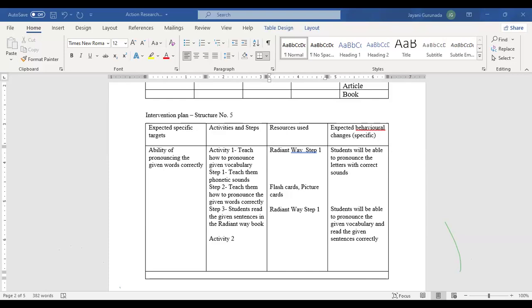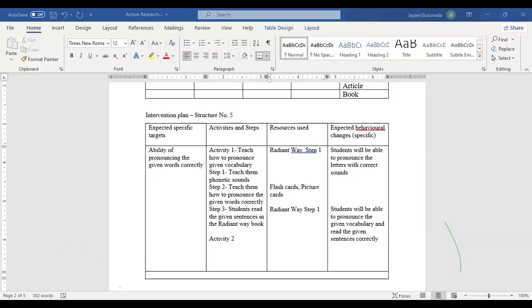The activities and steps that I have planned: introduce the full stop, comma, question mark, and exclamation mark to the students, and ask them to identify punctuation marks in short passages. Step 2, asking them to identify the punctuation marks in worksheet passages.